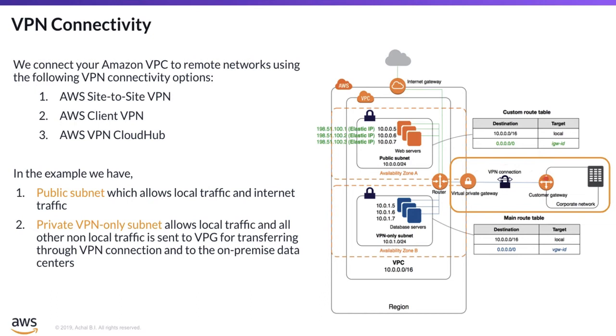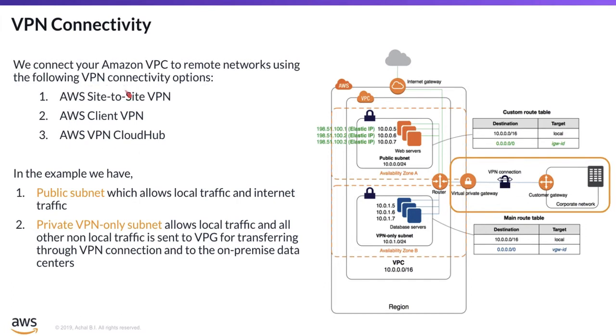One is a customer gateway component, which resides at the customer end, and a virtual private gateway, where the VPN connection terminates, and the traffic is directed to the router, and the router directs the traffic to the respective instances. So these two, the virtual private gateway and the customer gateway, are the terminating points of the VPN connection.